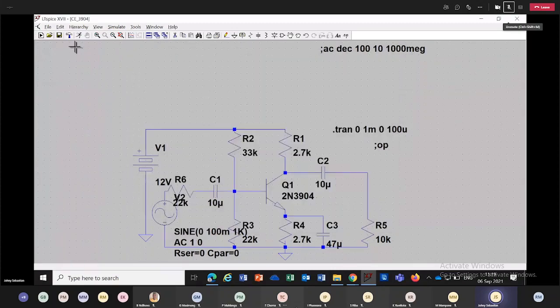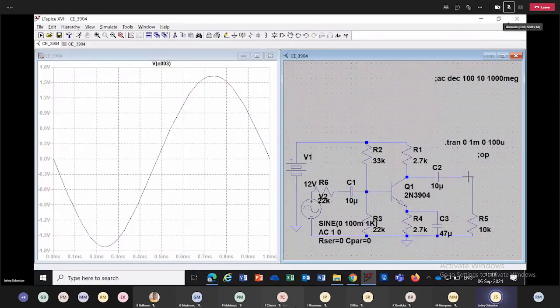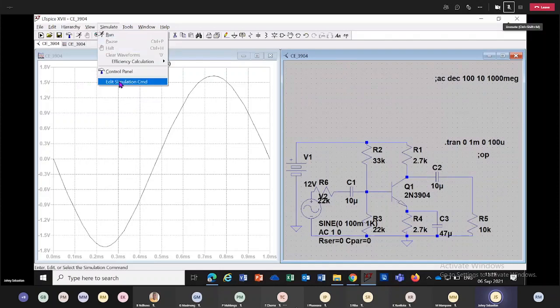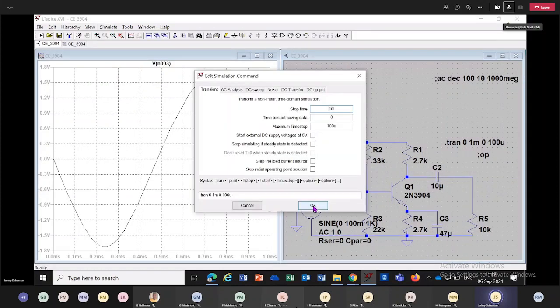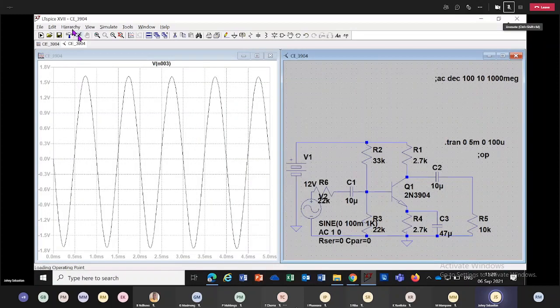Going to simulate. That is your output. There is no clipping. Let me try to make it slightly more. Now we only get one sine wave. Let's have 5 sine waves. There is no clipping now.